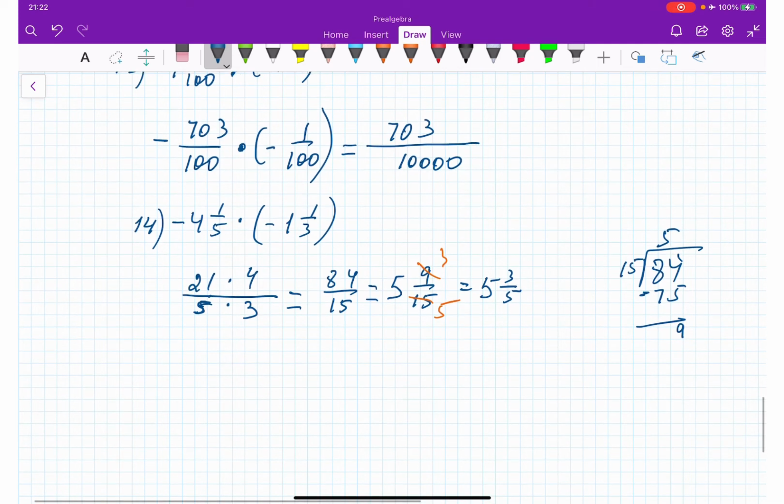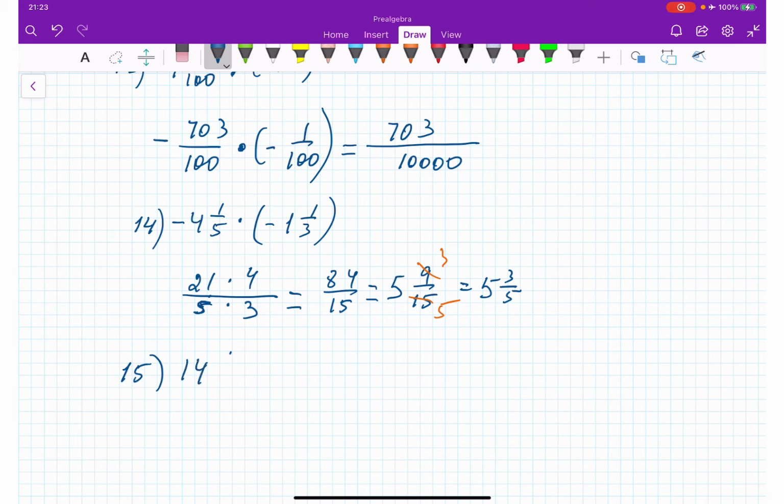Number 15. We have 14 and 9/20 minus 17 and 7 over 24.